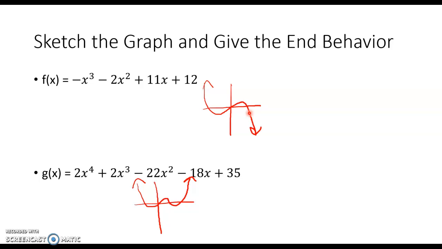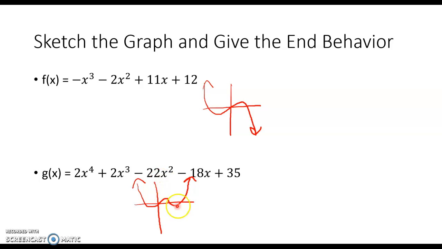Now, something that we haven't really dealt with, and let me see if this works. There it is. We haven't really dealt with quartic functions, x to the fourth, and honestly anything above that. But one thing that we're going to learn in this lesson especially is it doesn't matter what that number is. It only matters whether it's even or odd.